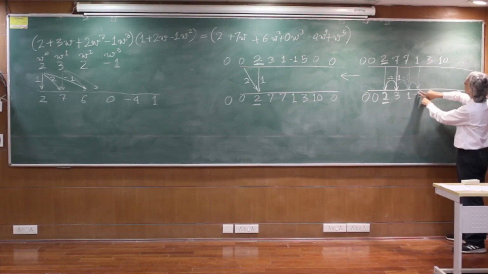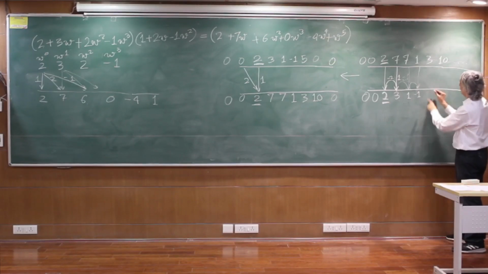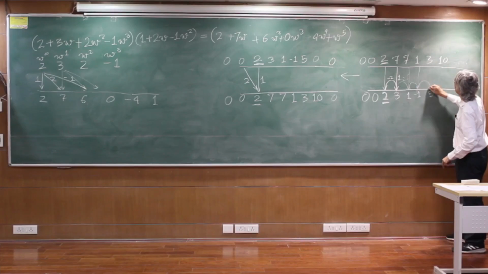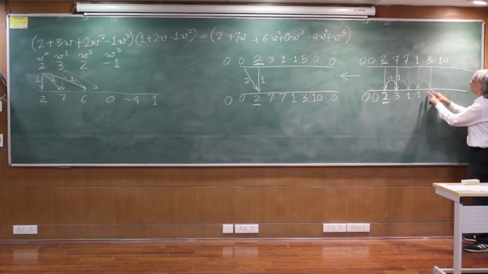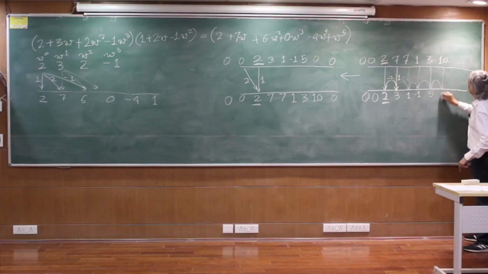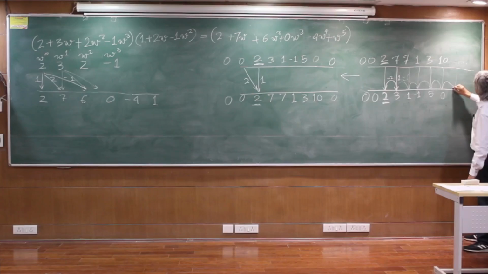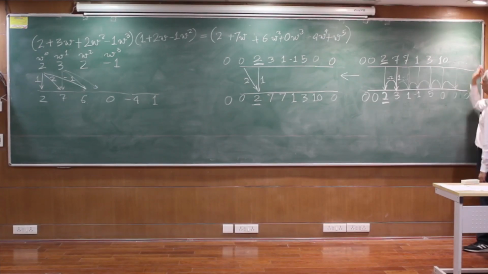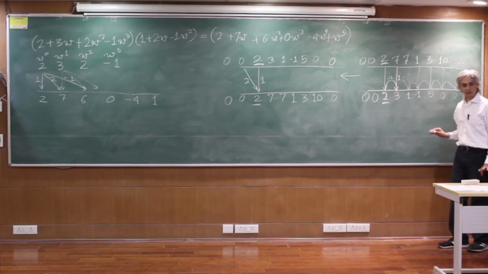Minus 1 multiplied by minus 2 is 2, plus 3 is 5. 5 multiplied by minus 2 is minus 10, plus 10 is 0. And then of course everything is 0, so we'll keep on getting 0 after that. Correct? Is okay?